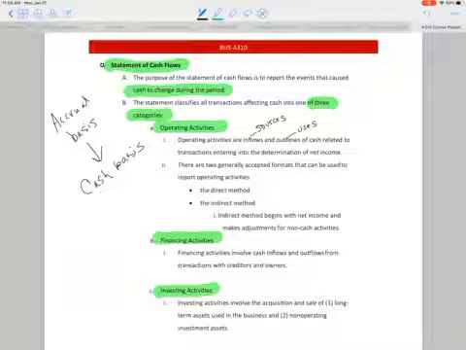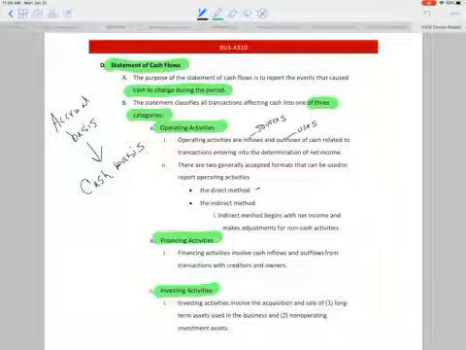So I'll use that terminology kind of interchangeably. When I say a source of cash, that means cash came in. And if I say a use of cash, that means I spent cash, an outflow of cash. So these are the inflows and outflows, sources and uses of cash, from what we normally do in our day-to-day operations of the business.